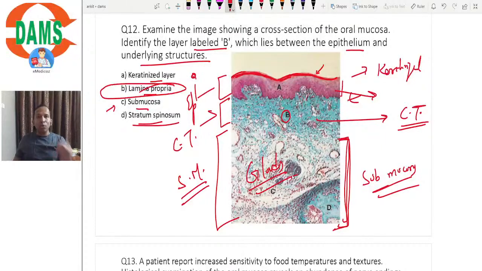So epithelium is the overlying cellular structure and connective tissue is the underlying connective tissue. और क्या सही है कि नहीं बात? तो connective tissue में क्या होता है? Blood vessels हैं, nerves हैं, collagen fiber है, and all those things are there. The appendages, right? So if we are talking about skin, then sweat gland, hair follicle, sebaceous glands, they are all located in submucosa.